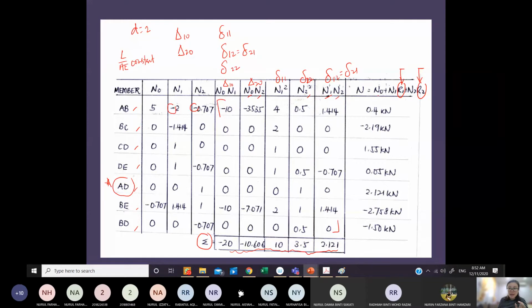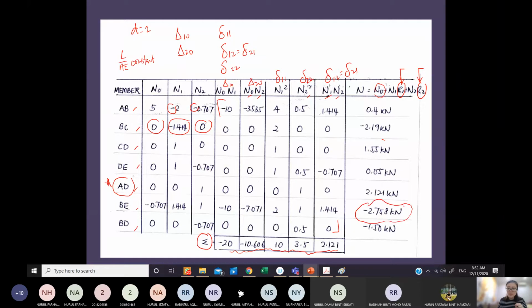To use this equation, you need N naught plus N1 multiplied with R1 plus N2 multiplied with R2. Maybe you can get your calculator to try this.